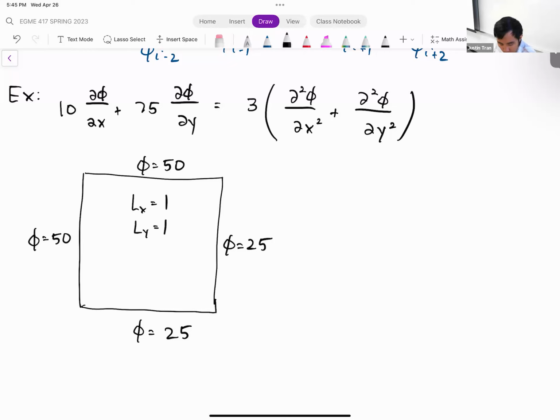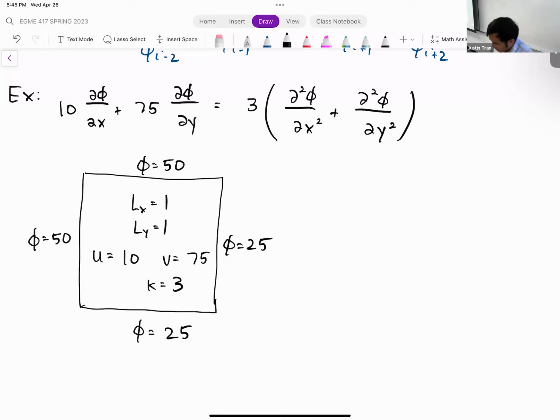We'll have Lx and Ly equal to 1. From our equation, we can see that our x velocity u is equal to 10, our y velocity v is equal to 75, and the diffusion constant k is equal to 3.